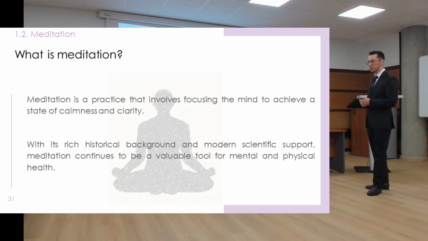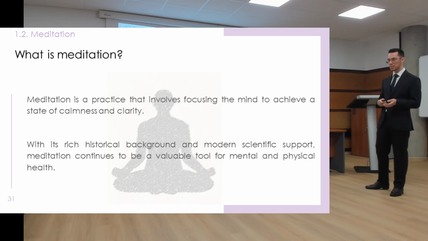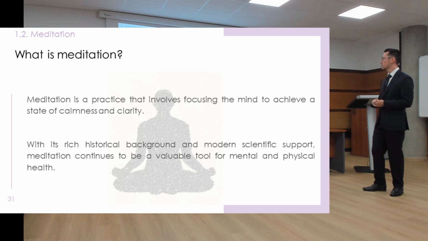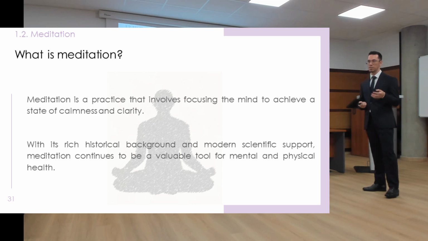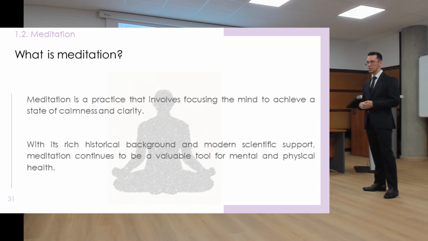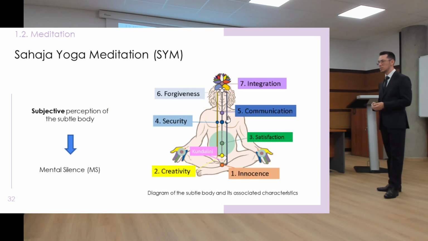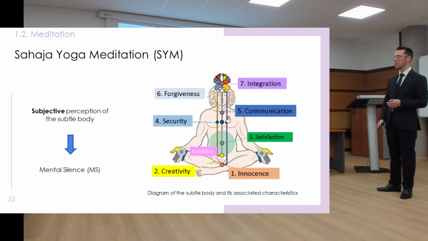So the presented analysis can be applied to different conditions and tasks in diverse populations to study the functional and structural effects and changes in the brain. In the case of this doctoral thesis, we have chosen to study the meditation practice, which is a practice that involves focusing the mind to achieve a state of calmness and clarity.